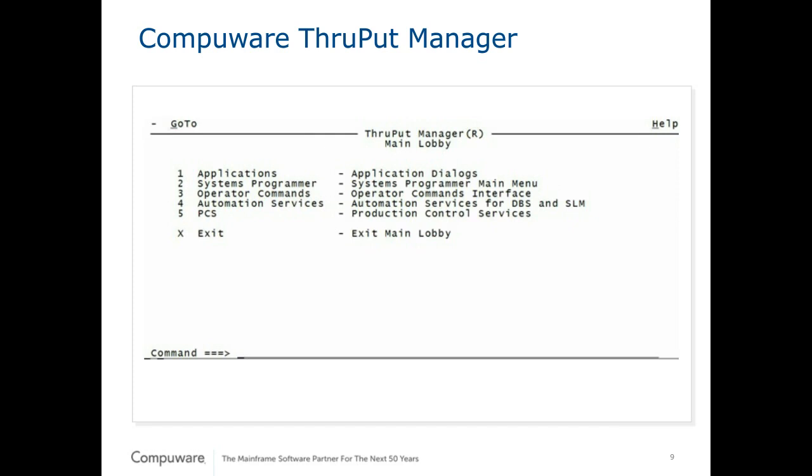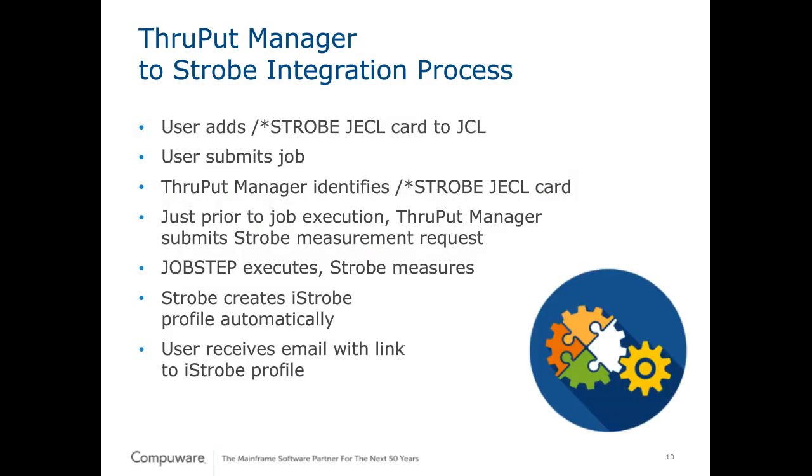So we take a look at this process, and what a user can do is add a /*strobe Jekyll card. It's a job execution card into the JCL. You submit that job, and then ThruPut Manager identifies that card and will submit a strobe measurement request just prior to execution.